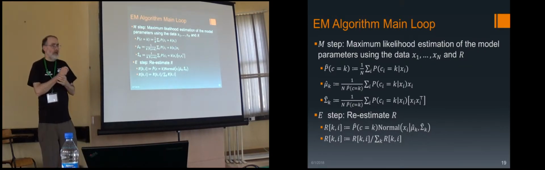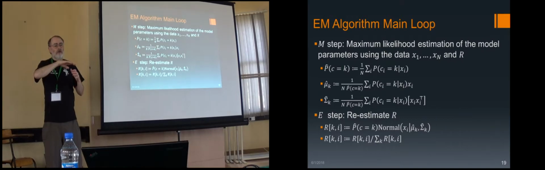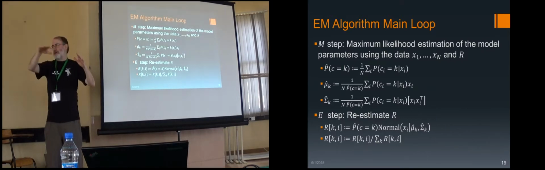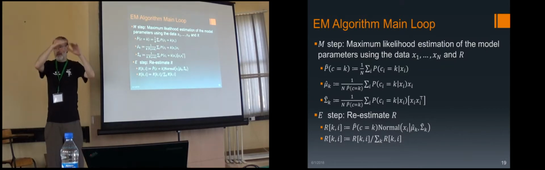It's important to realize that this is a local search algorithm. We like to talk a lot about the shape of the likelihood function, or the shape of the objective function in our optimizations. And for a mixture model, there can be multiple peaks in the landscape.